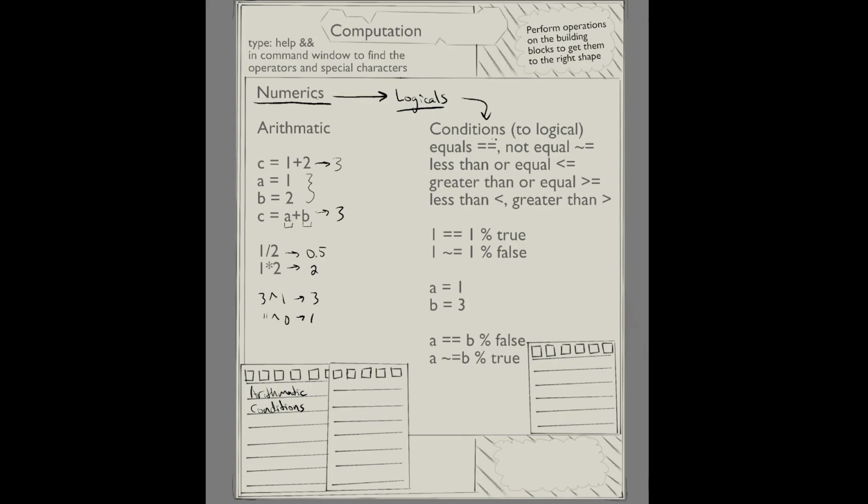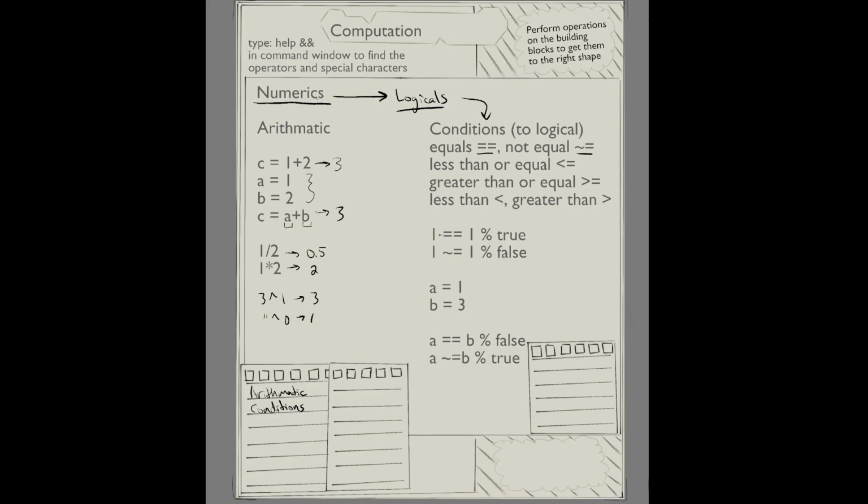So conditions to logical: we've got equals, which is two equal signs, and not equal. You have to remember that a single equal sign is used to update the value of some variable, so you have to use the double equal as a comparison operator. You've got less than or equal, greater than or equal, less than, and greater than.